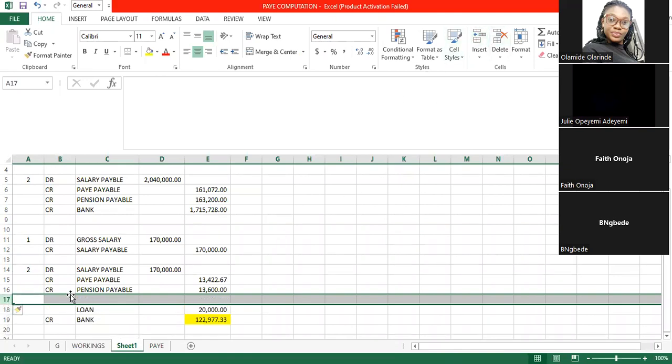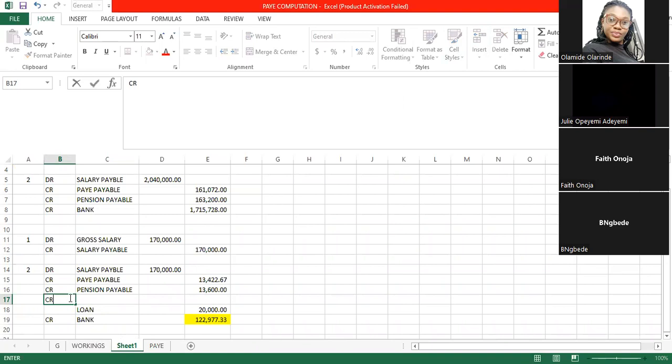You can say, okay, credit pension payable, and you can indicate this one is employee, and this one is employer.